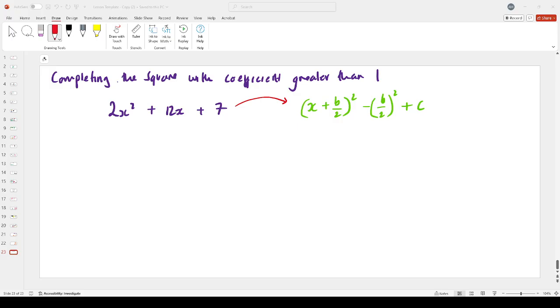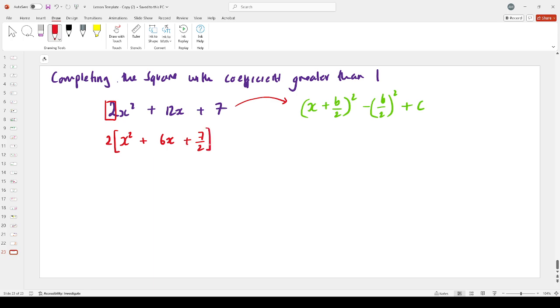Now before we do anything, we need to take the number here and divide everything else by it. So it's going to be 2 big bracket, x squared plus 12 divided by 2, which is 6x, plus 7 divided by 2.